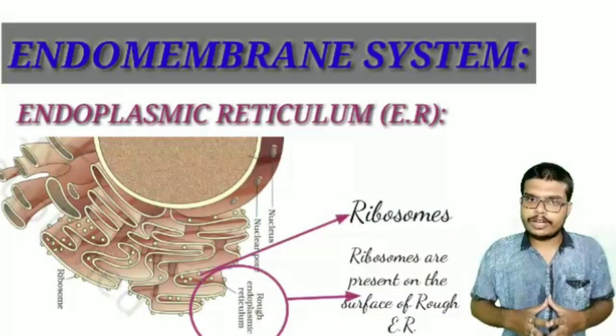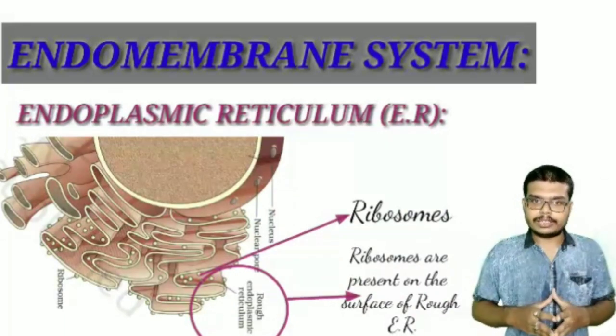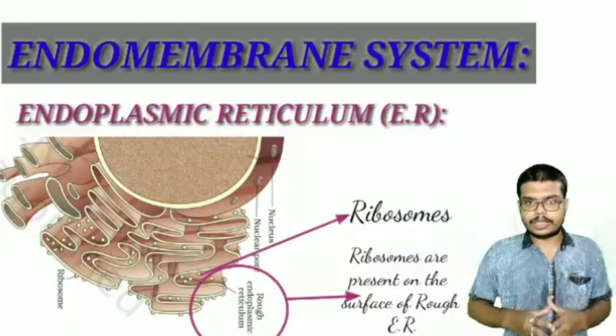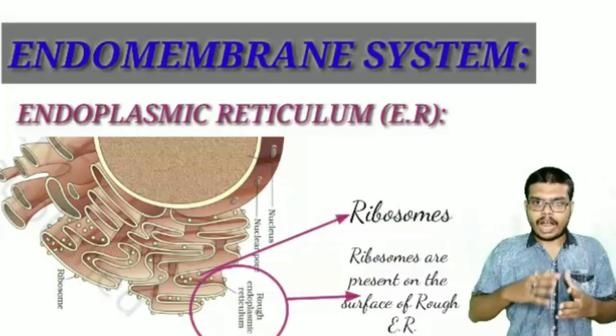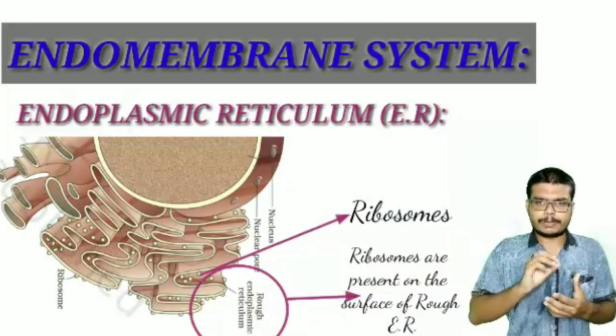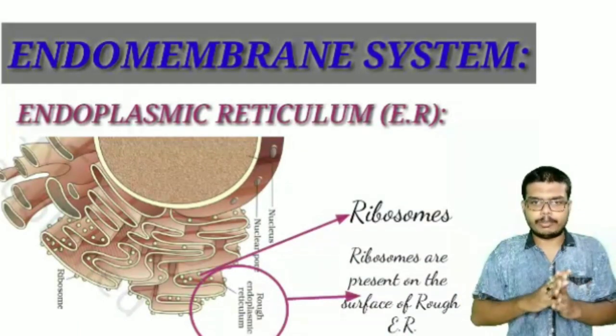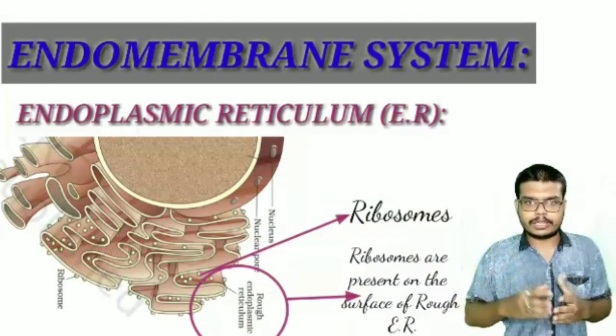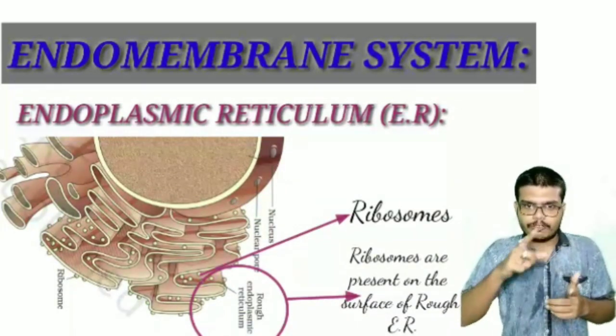In the case of rough endoplasmic reticulum, it has ribosomes present on the outside surface of the endoplasmic reticulum. These ribosomes are small dot-like structures. In this diagram, you can see that the ribosomes are there, and they make the surface rough.